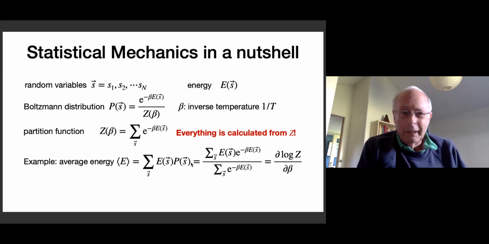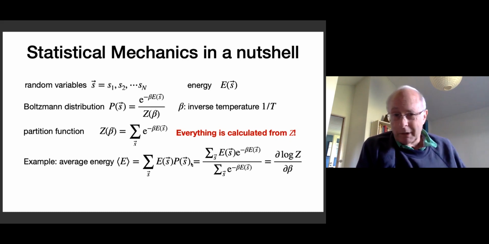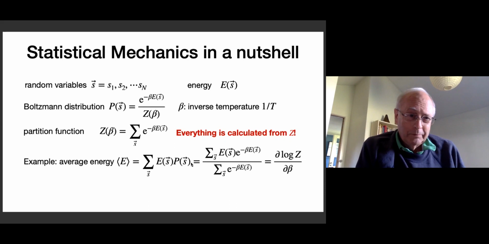So it's e to the minus beta times E of S divided by Z of beta, which is just what you need to normalize things. And if you're not familiar with stat mech, you've heard of temperature, and beta is just 1 over the temperature.